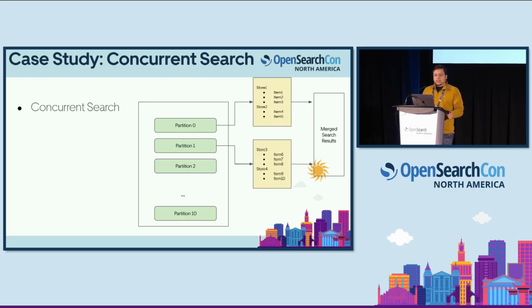Finally, we also built a key feature called concurrent search in our system. The idea is that rather than thinking of a shard as a single file segment, you convert this big file segment into smaller files or smaller subshards. What we do is trade off more performant queries with more compute, with more CPUs.